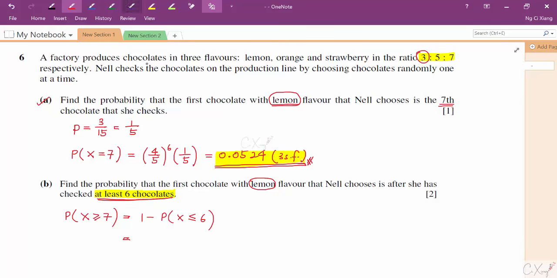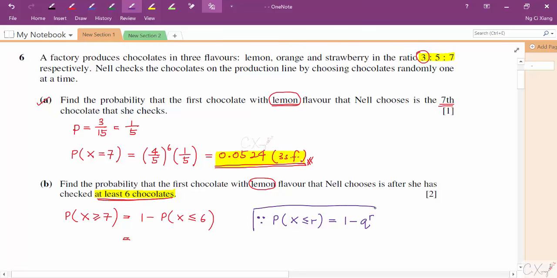There's a shortcut formula for x smaller than or equal to r in the geometric distribution: the probability is 1 minus q to the power r. So we apply this formula in our calculation. Since x is smaller than or equal to 6, I will have 1 minus q, where q is 4 over 5, to the power r. r is 6 in our case here.